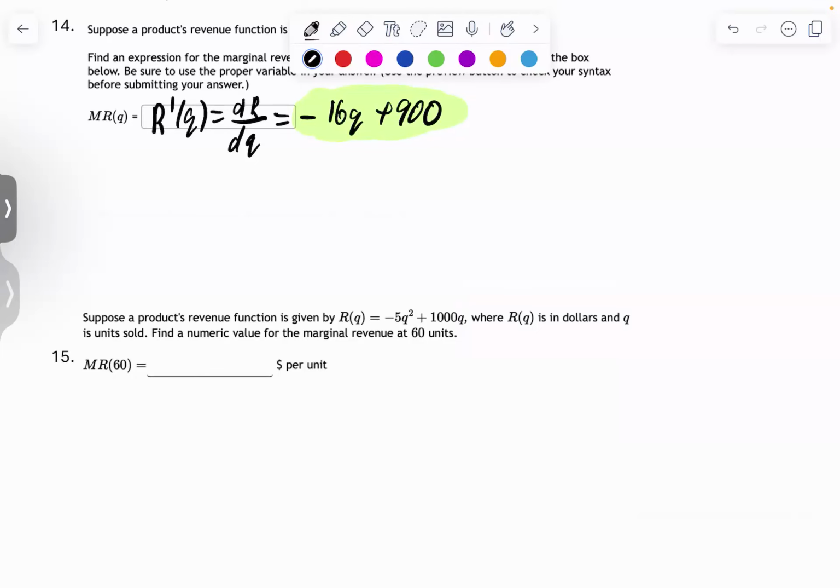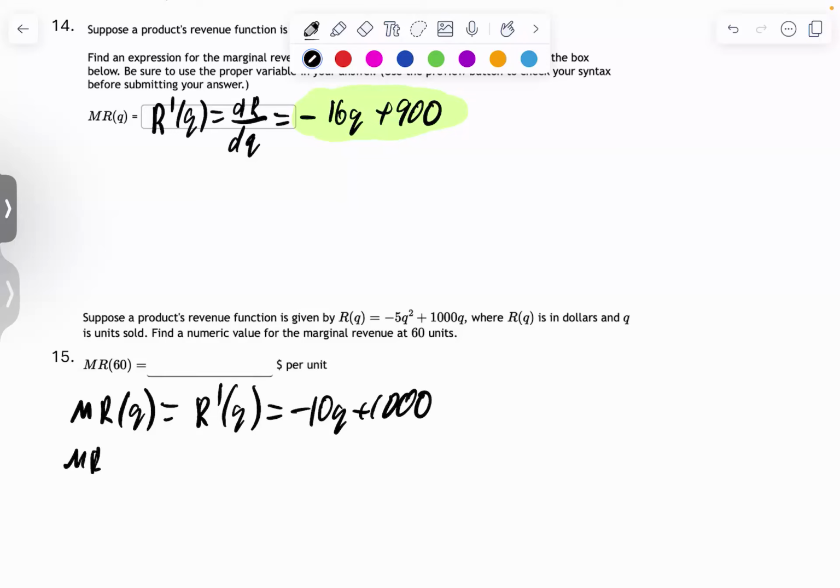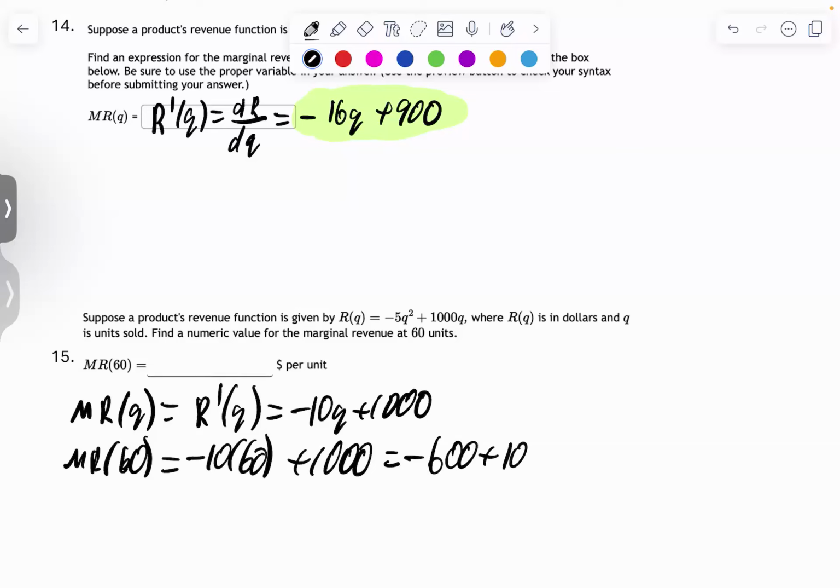Okay, so let's find the marginal revenue of Q, which is R prime of Q. So this is negative 10Q plus 1,000. And so if we are MR at 60, negative 10 times 60 plus 1,000, that's going to be negative 600 plus 1,000, or 400. Meaning this is going to be $400 per unit.